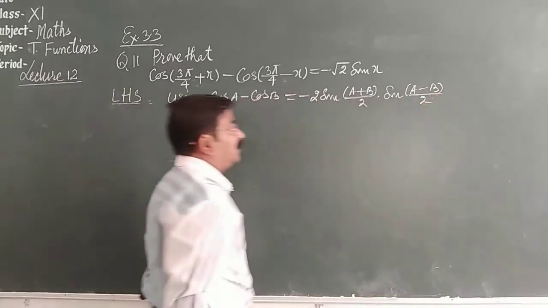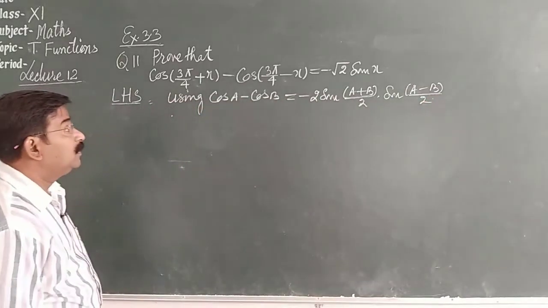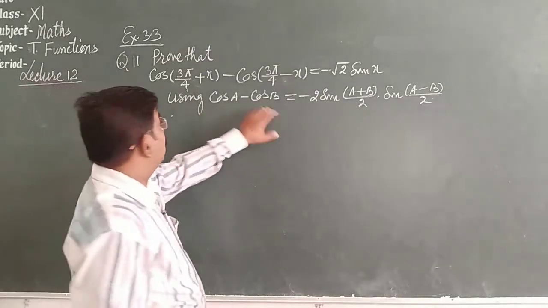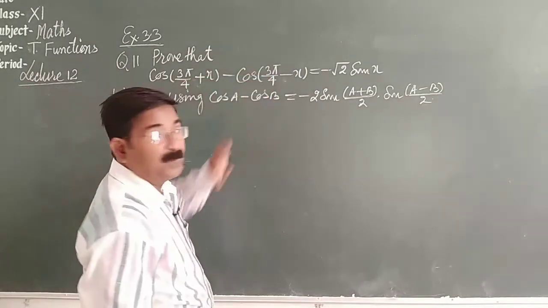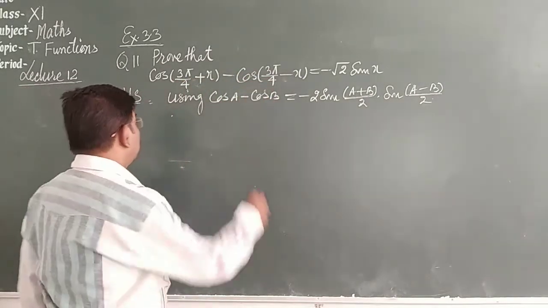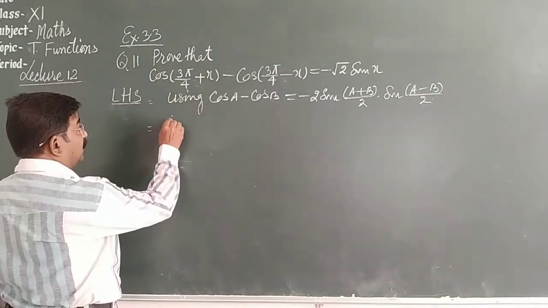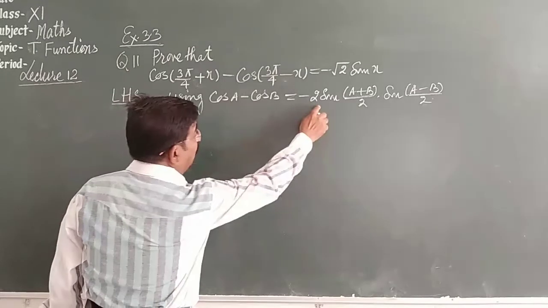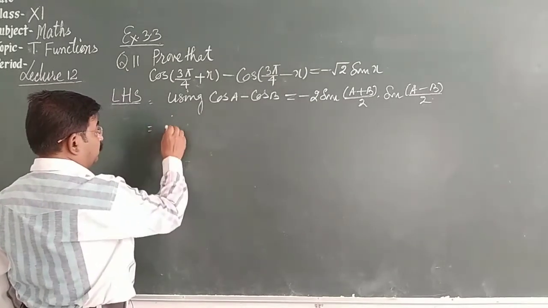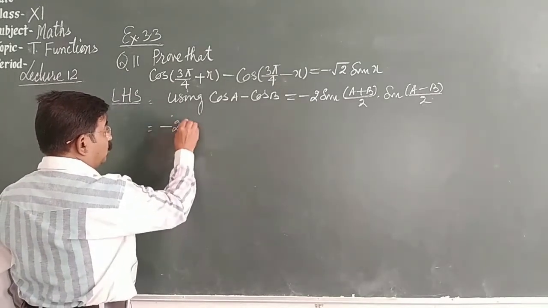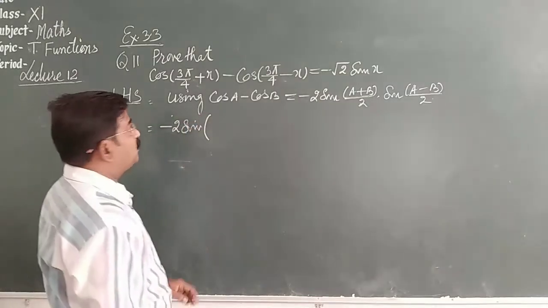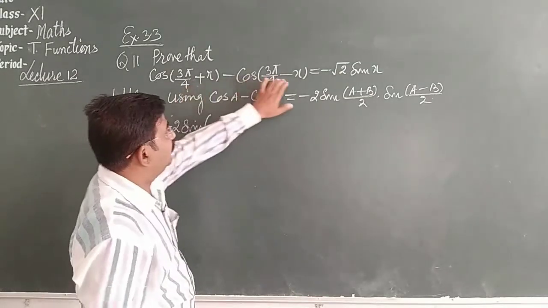Yesterday I gave the idea of this formula. So using cos a minus cos b, this is cos a and minus cos b. So we are using minus 2 sin a plus b by 2. A is this, b is this.